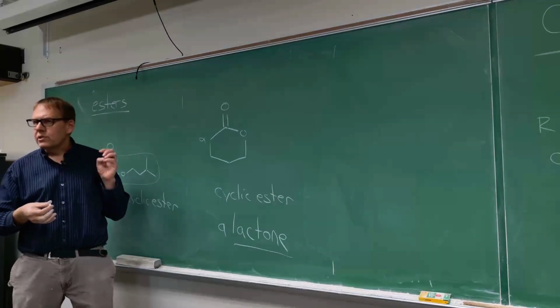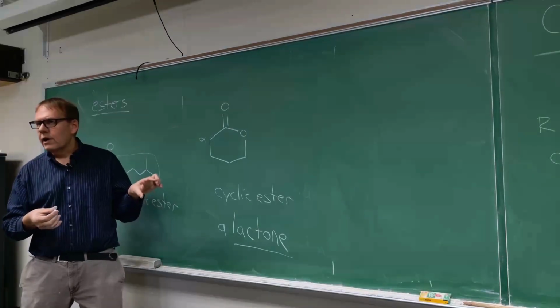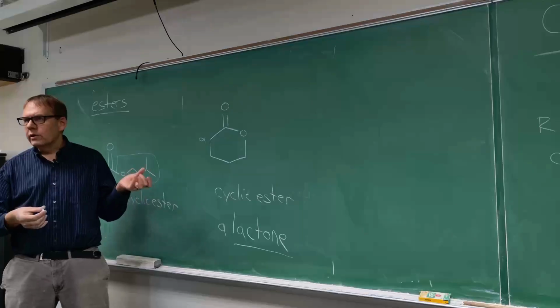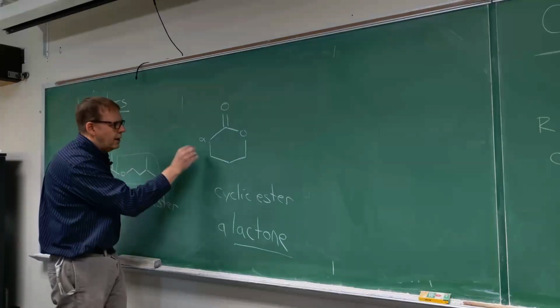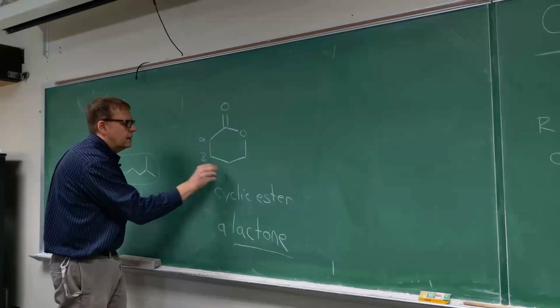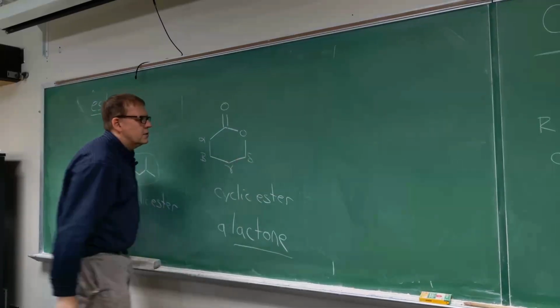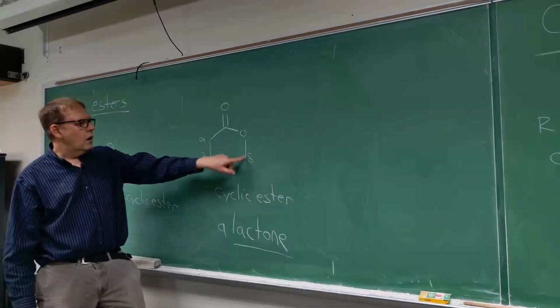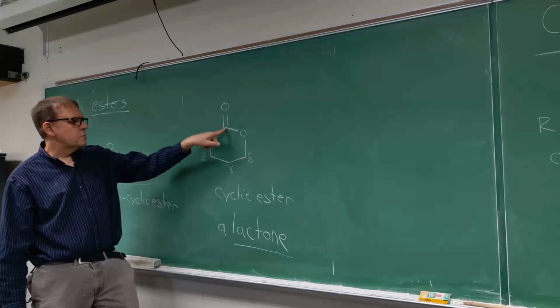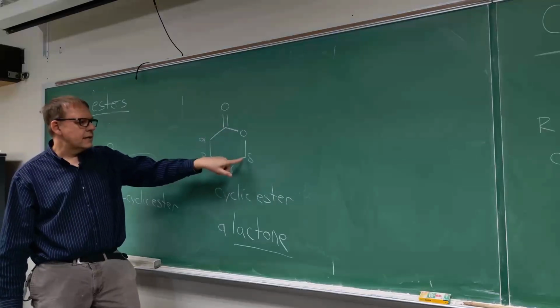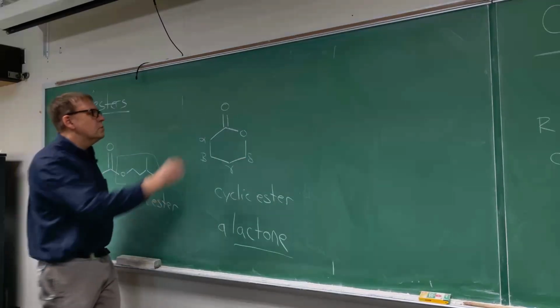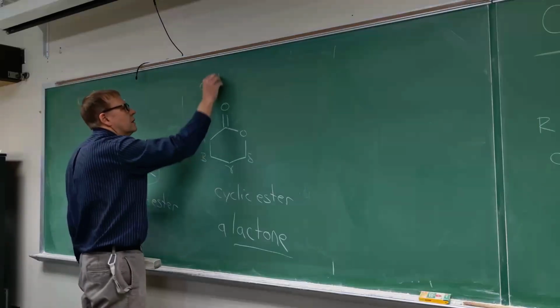We labeled the position that was next to the carbonyl with an alpha. Then you just need to know a little bit of the Greek alphabet. So you go alpha, beta, gamma, and delta. So the O that is part of this ester is attached at the delta position. So this would be called a delta lactone.